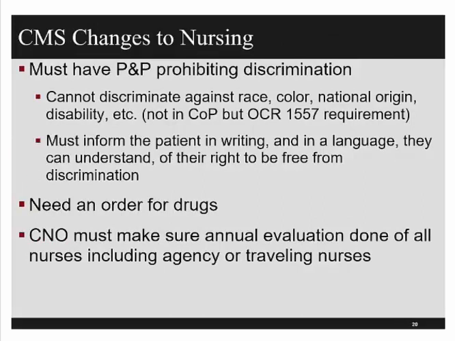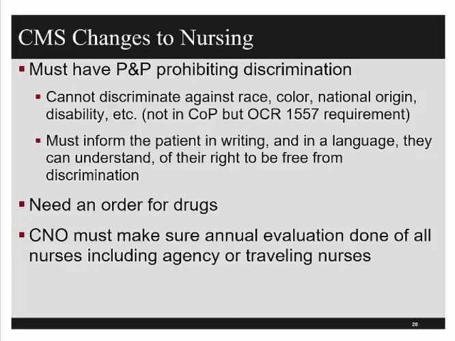You have to have policy and procedures on prohibiting discrimination. Now, you think this is just common sense, but many hospitals weren't aware of some of the requirements they had to have in place. And in fact, CMS just came out with some new requirements as of Monday, on what they're going to say we cannot discriminate against. We also have to give information to patients in writing so they understand their right to be free from discrimination.